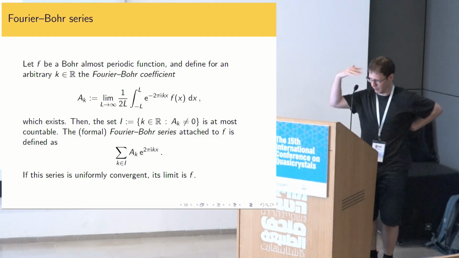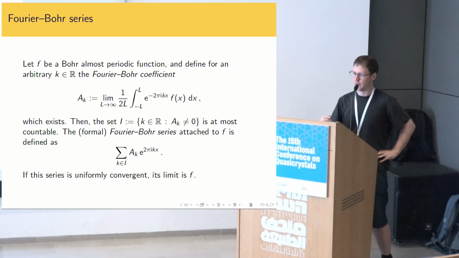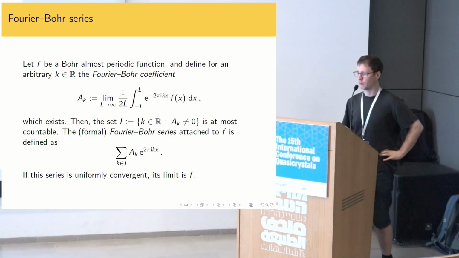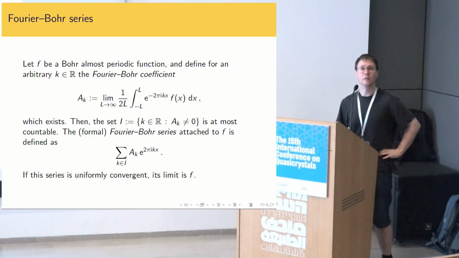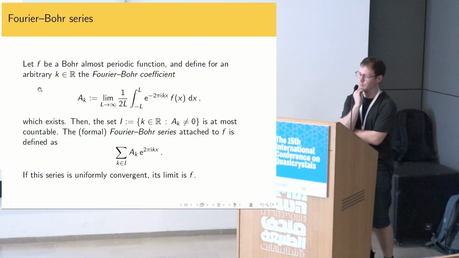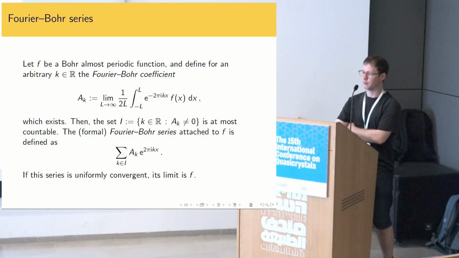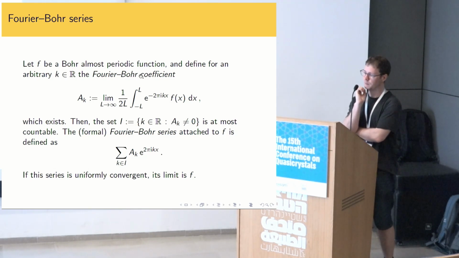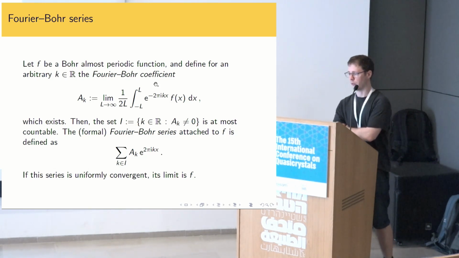Okay, let's assume we have a Bohr almost periodic function, and now a real number k. So what can we do instead of integrating over the period? Well, we integrate over the interval from minus L to L, and the integrand is the same.